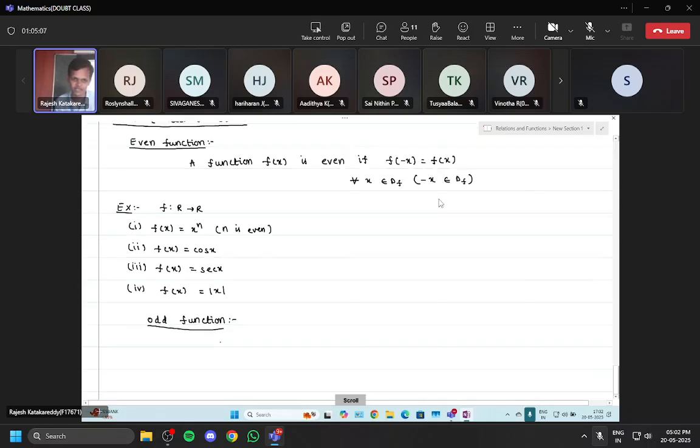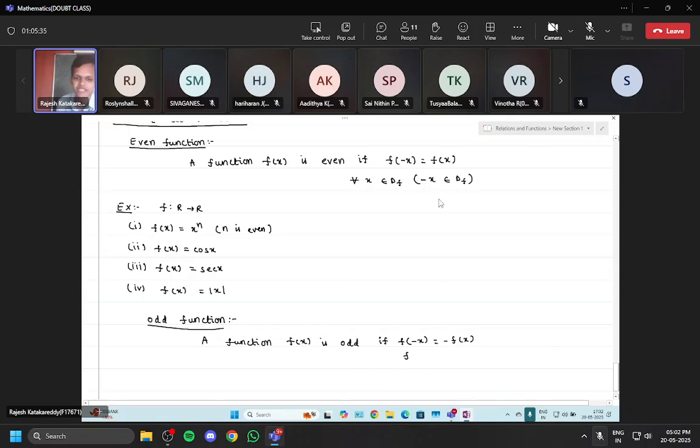Odd function: a function f of x is an odd function if f of minus x is equal to minus f of x, -1 into f of x.